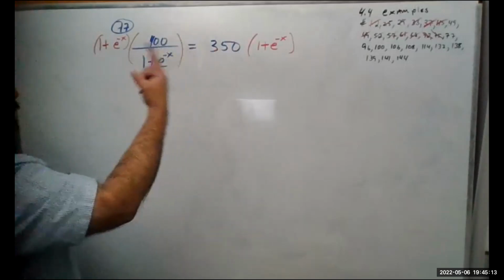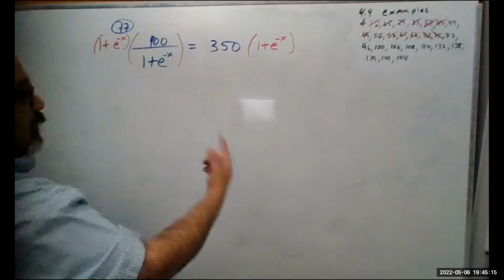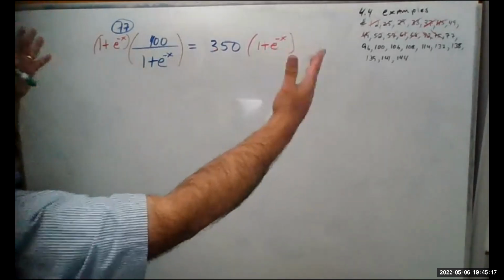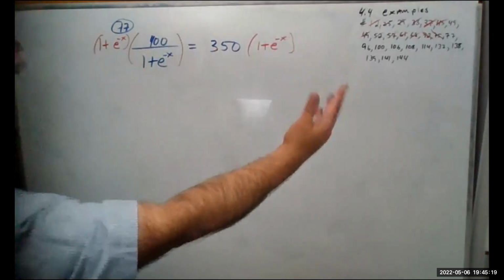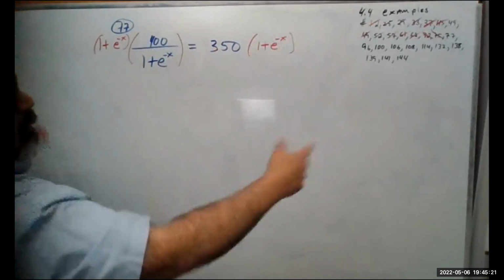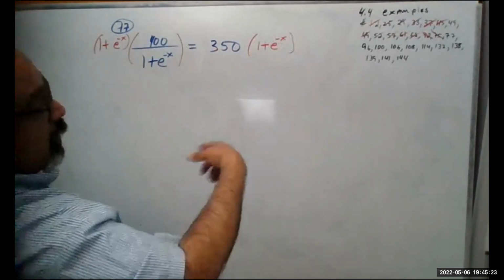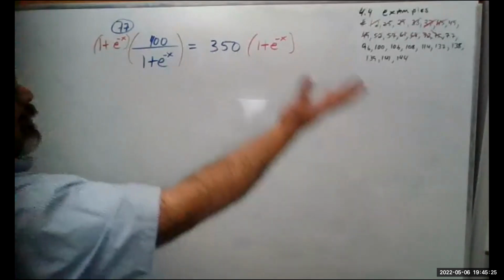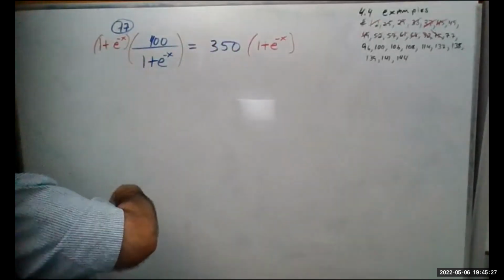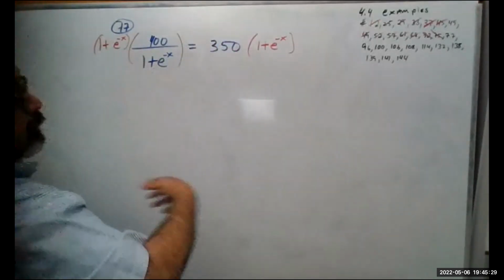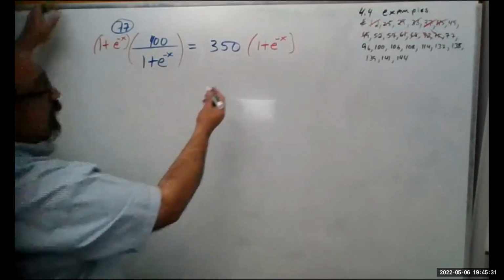When you only have one exponential part, you can't set two exponents equal to each other. You don't have two base e's. So you're probably going to have to take the natural log of one side and numbers on the other side. So let's get our numbers on the other side.